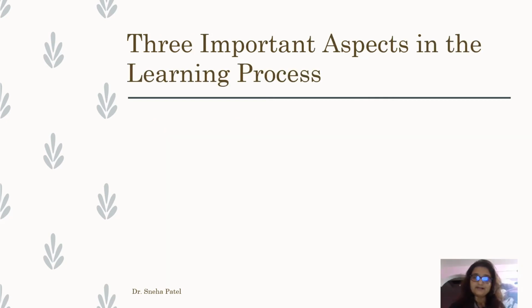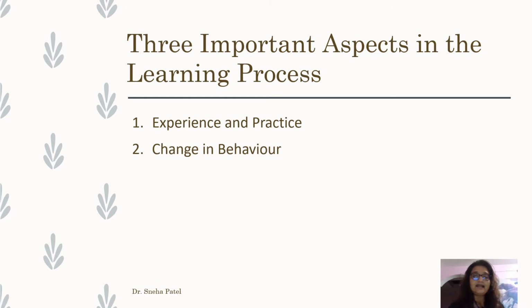Learned behavior is related with these three aspects which we will have to focus on and understand. The very first one is that learning can only take place through experience or practice. It is not an instinctive or inborn ability. Secondly, there has to be a change in behavior.